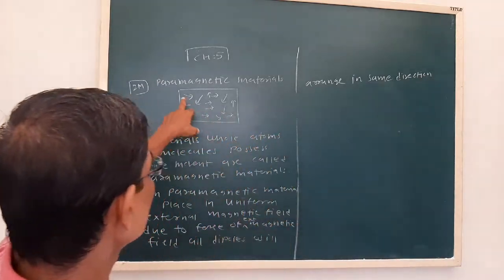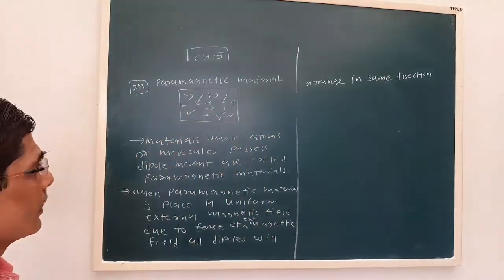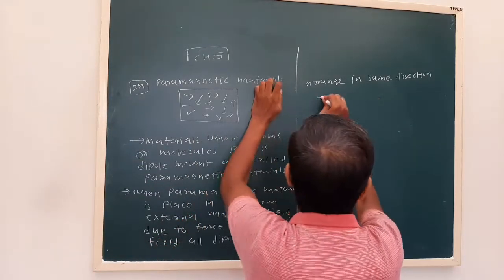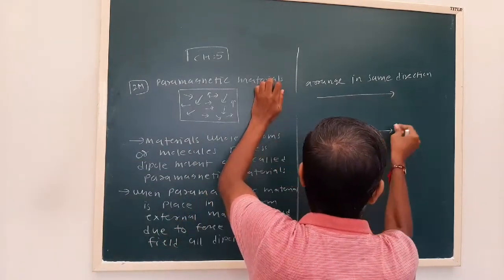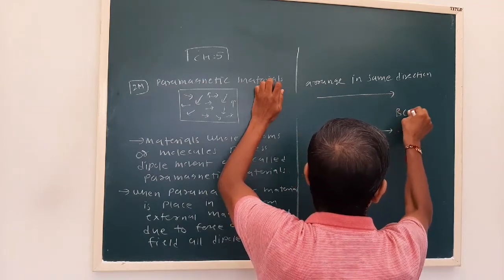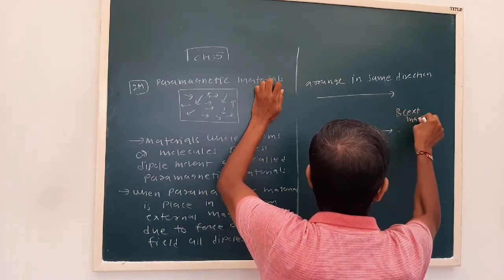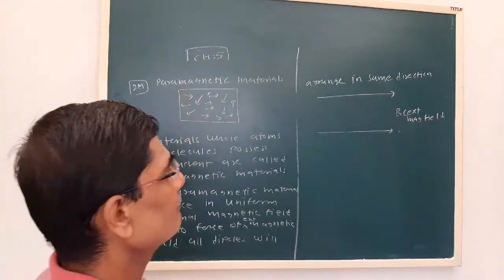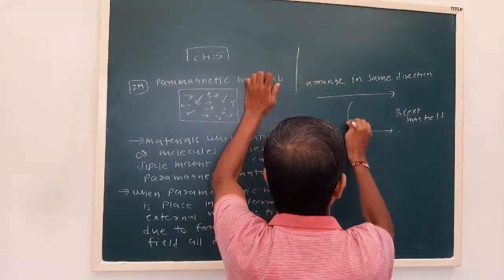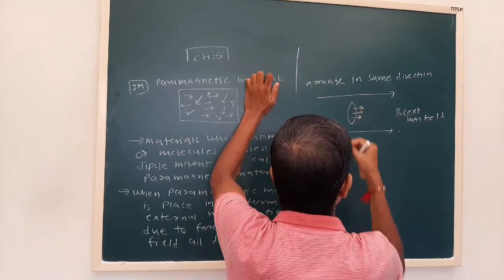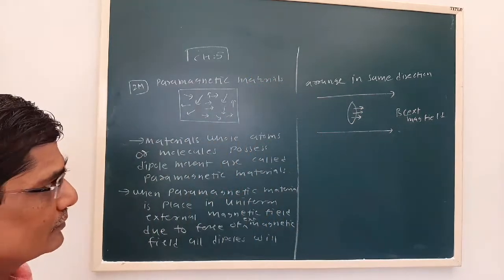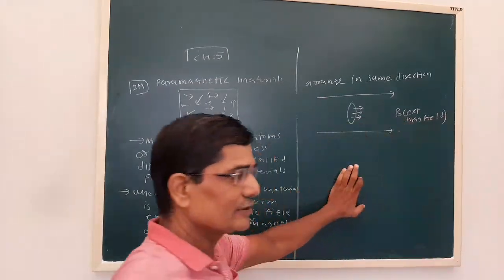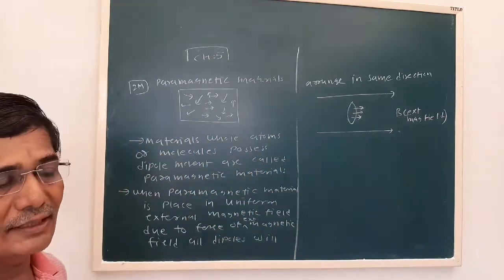Right now, the dipole moments are in random direction, but suppose we place it in an external magnetic field B, all these dipoles will arrange in the same direction. So what will happen? The external magnetic field was present, and these dipole moments also arrange in the same direction.